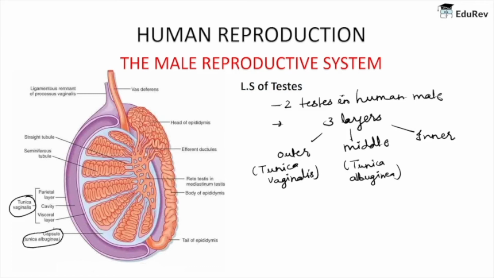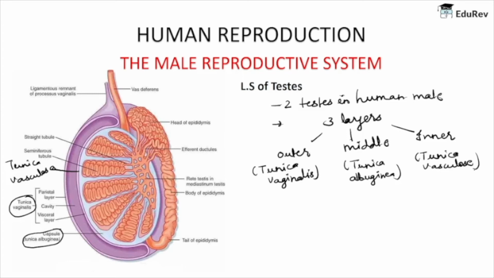The third layer, the inner layer, is known as the tunica vasculosa.